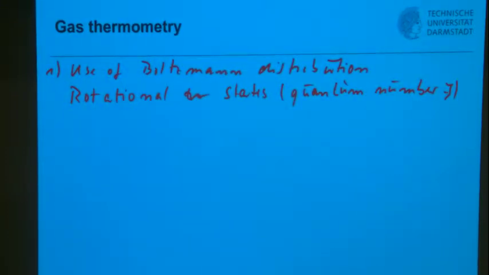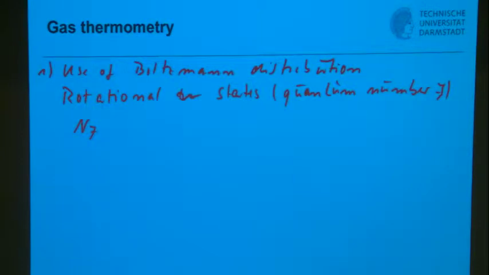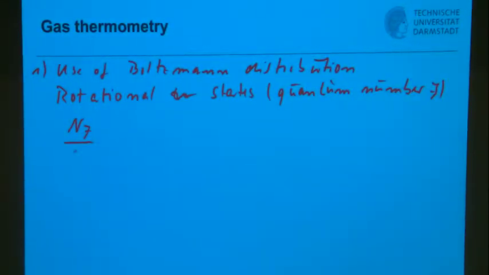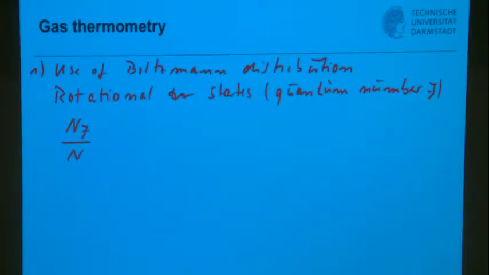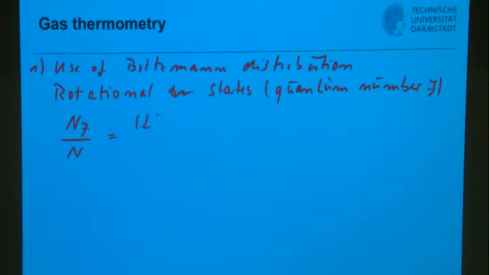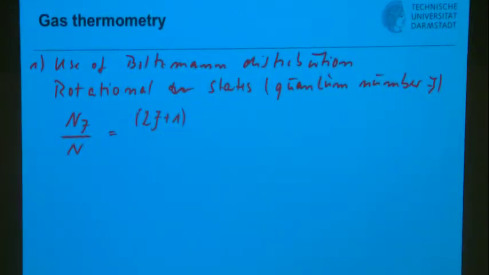So you have the Boltzmann fraction, which is the part of those molecules which are in a specific quantum state defined by the rotational quantum number J over all of the molecules in the sample. It is given by the degeneracy factor, that is the number of states that have the same energy, and that came to us here without any derivation, so at this stage you simply have to accept that.